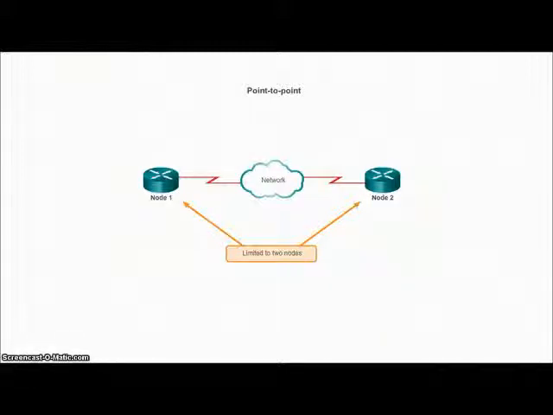Therefore, the logical data link protocols can be very simple, as all frames on the media can only travel to or from two nodes. The frames are placed on the media by the node at one end and taken off the media by the node at the end of the point-to-point circuit.